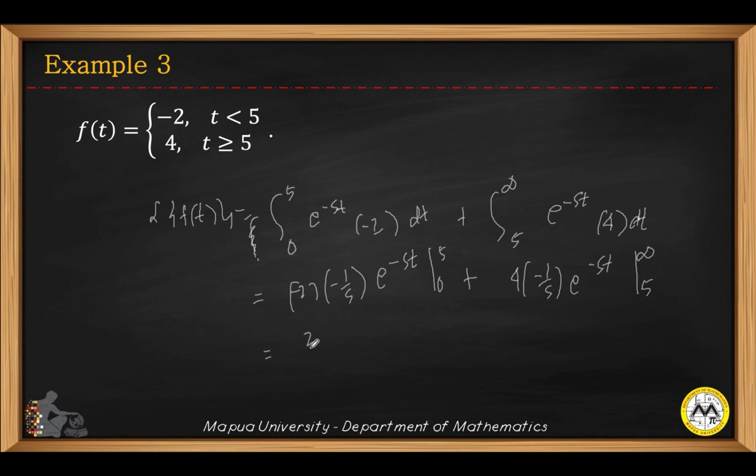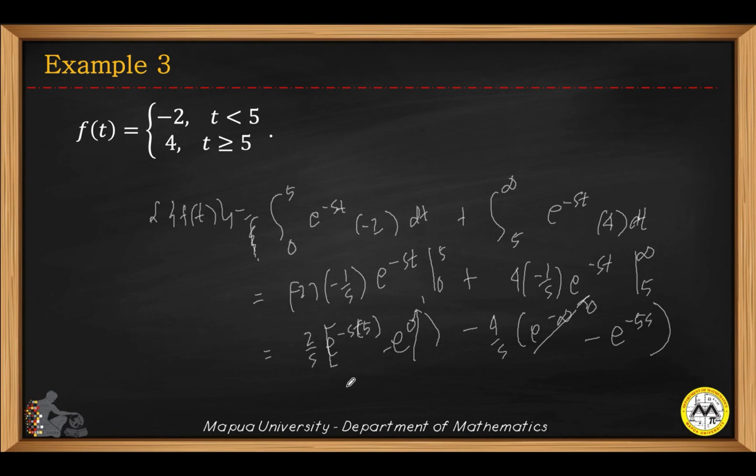So this is 2 over s, factoring out, and then your t is 5 here, so e to the negative 5s minus e to the 0. So this is equal to 1. Minus 4 over s, so factor that out. e to the negative infinity will give you 0 here, minus e to the negative 5s.